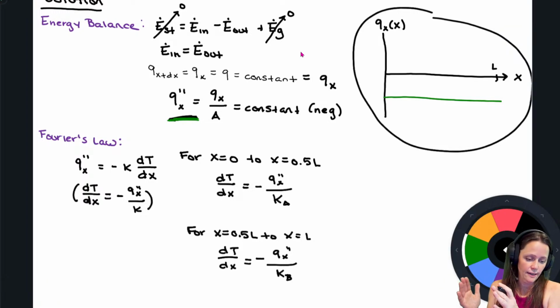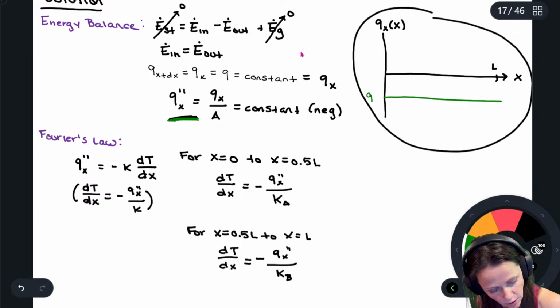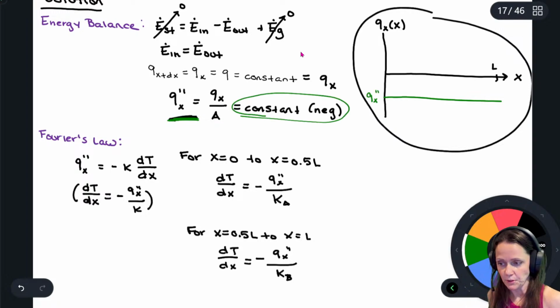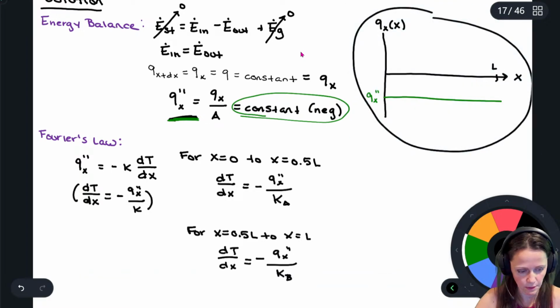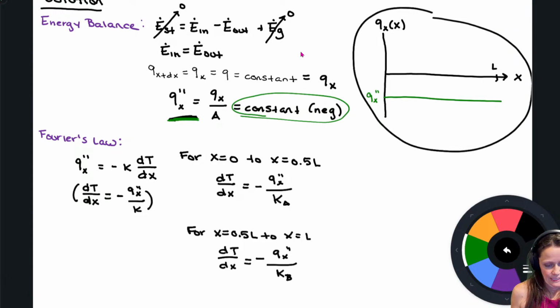So no matter at x equals 0, x equals 0.5 L, x equals L, it's equal to that qx constant that we looked at. Yeah, the slope doesn't really mean anything, because it's just a constant.